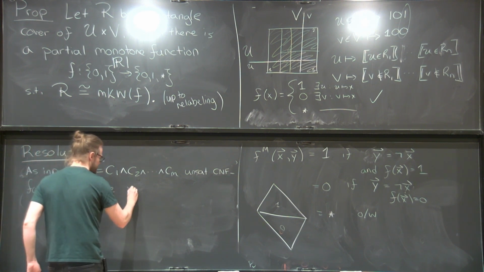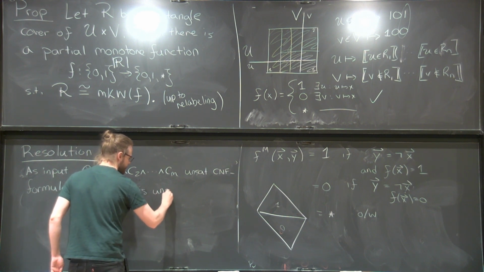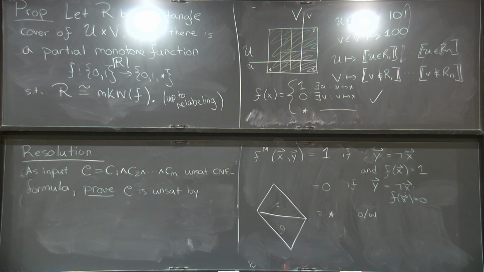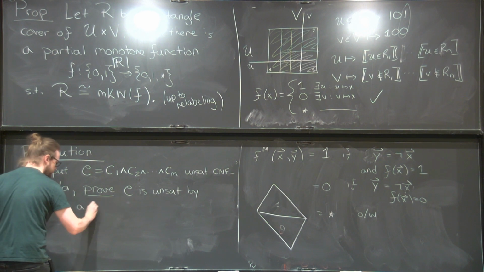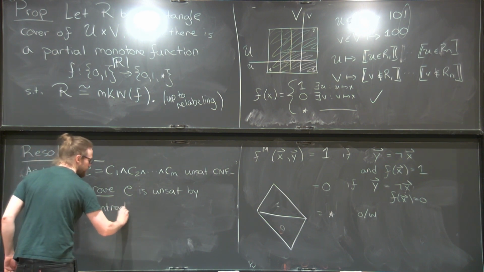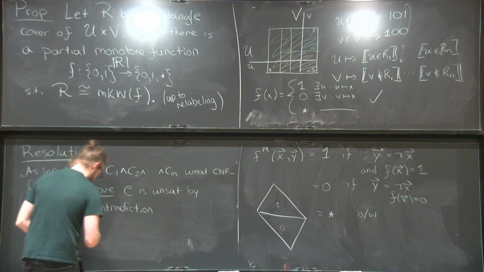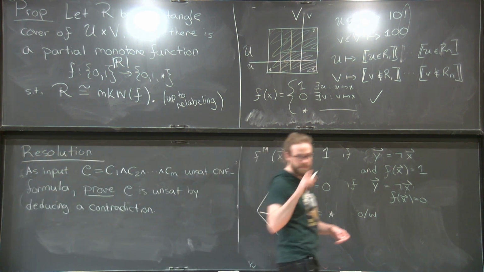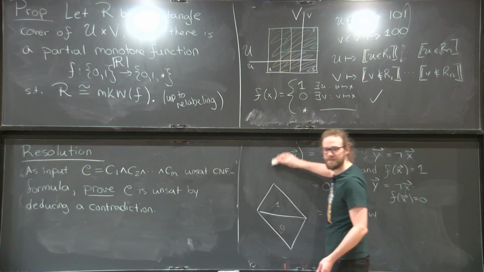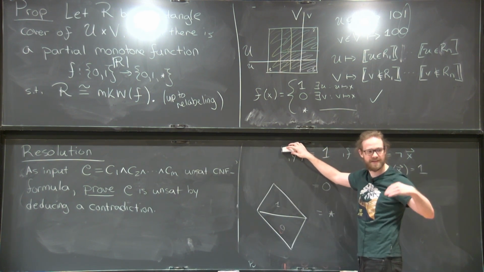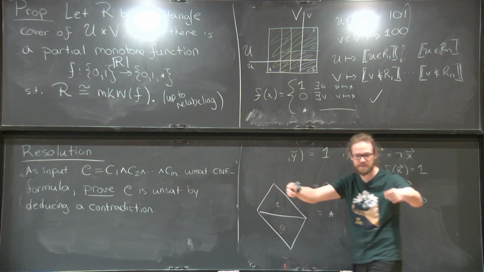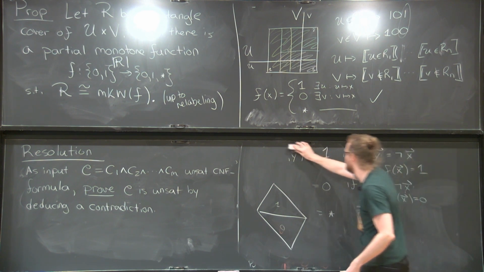So we will prove that C is unsat by basically deducing a contradiction from it. Now resolution is a deductive system, by which I mean it's a proof in the standard textbook sense. There are lines to the proof, and given some subsets of lines, you can deduce new lines from it.